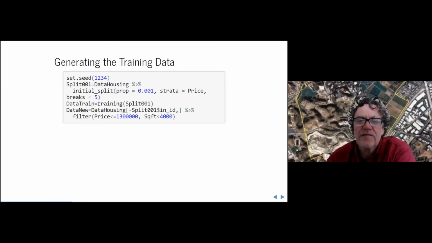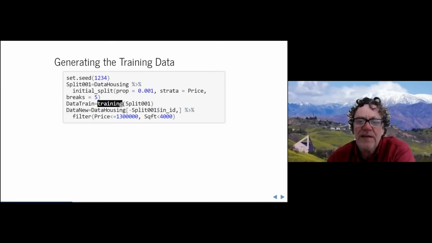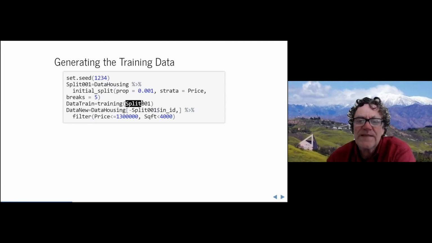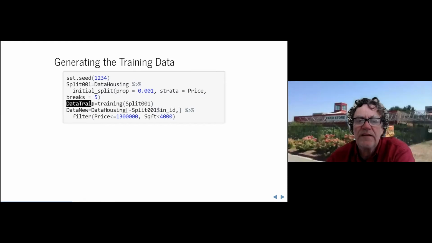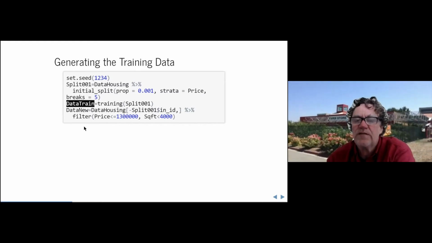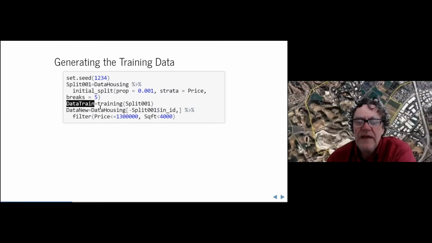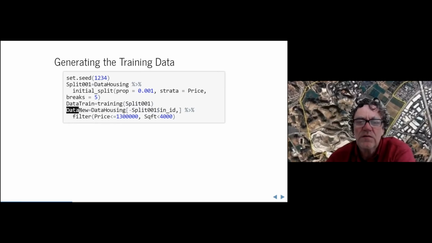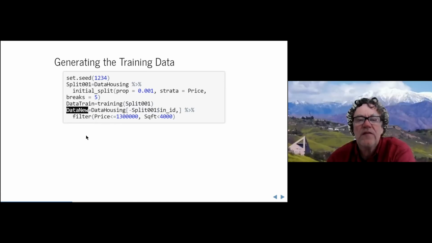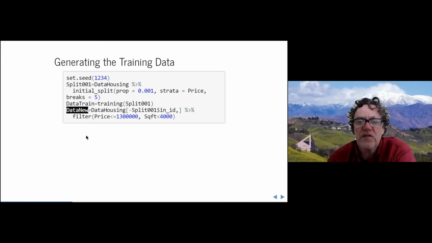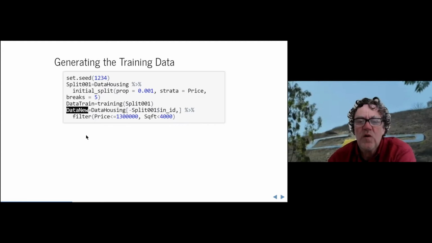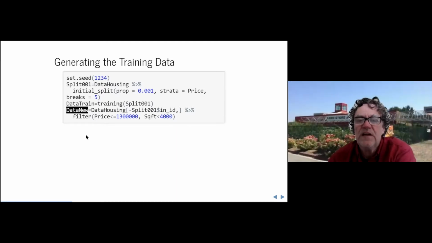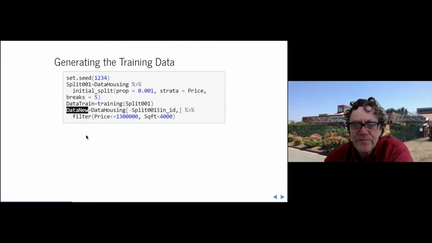We assign these records with the command training, put our split variable in here, and now we have a new data table, data train, that has only 25 records. And all the other records go into the table that is called data new. And we don't touch this one for now.